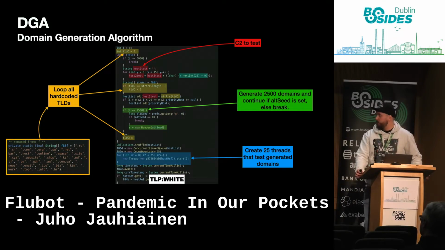It will generate 2,500 domains and try to contact them afterwards. It creates 25 threads that test those generated domains. So the amount of traffic going out of the phone when Flubot is installed is enormous.